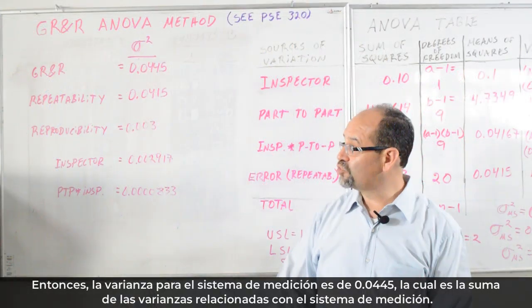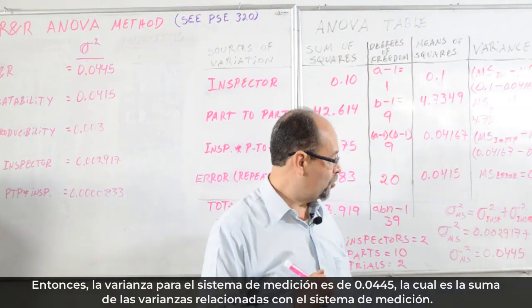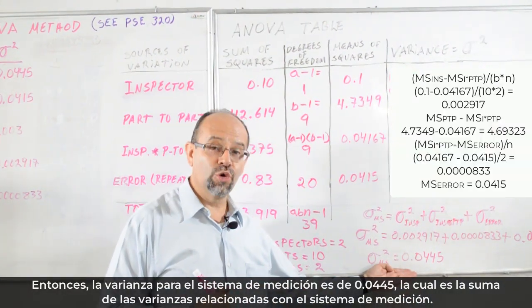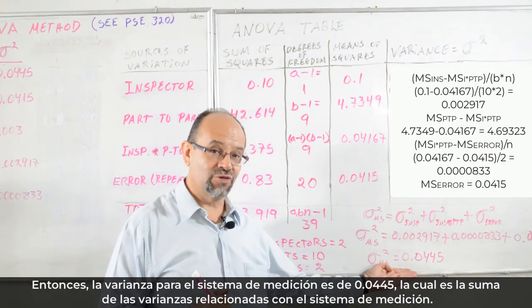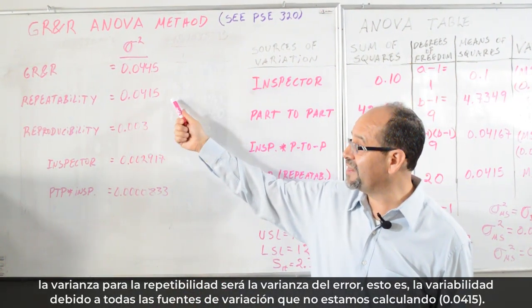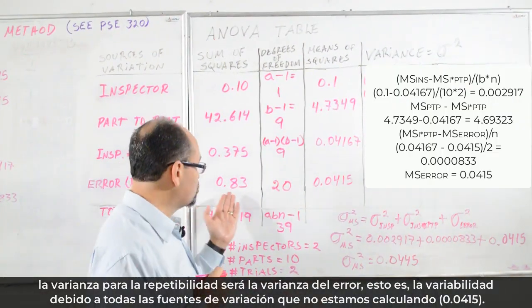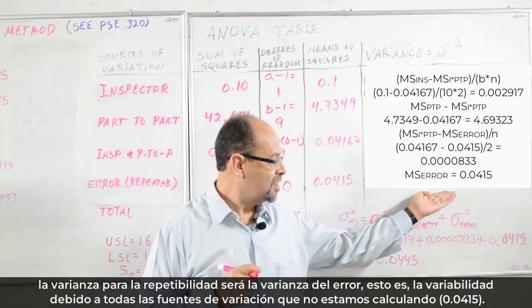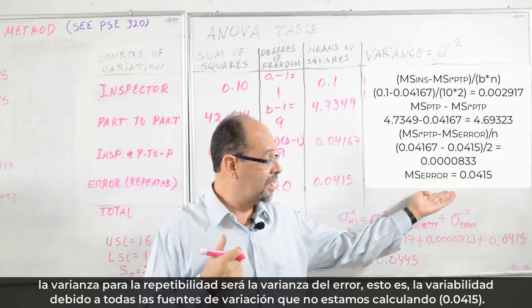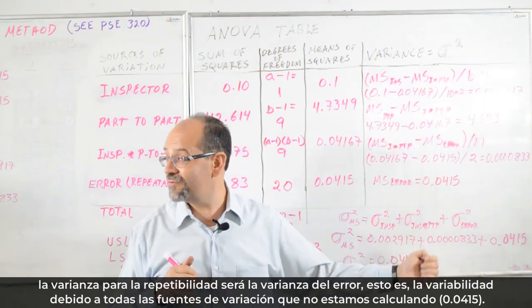Then, the variance for the measurement system is 0.0445, which is the sum of the variances related to the measurement system. The variance because of the repeatability will be the variance because of the error, because of all the sources of variation that we are not calculating separately, which is 0.0415.